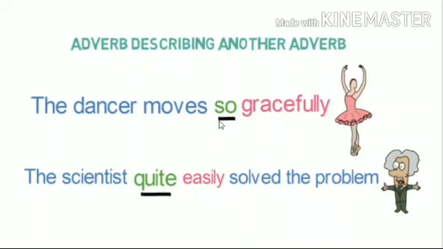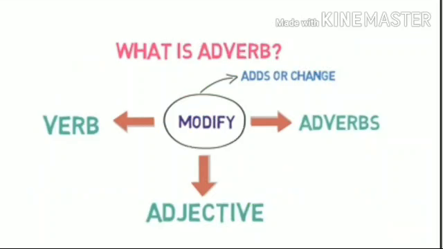So these are the basics about adverbs that you should know. Let us quickly revise what we have learned in this lesson. Firstly, adverbs are the words that modify three things: verbs, adjectives or adverbs, depending on the way in which the adverb describes any action or verb.